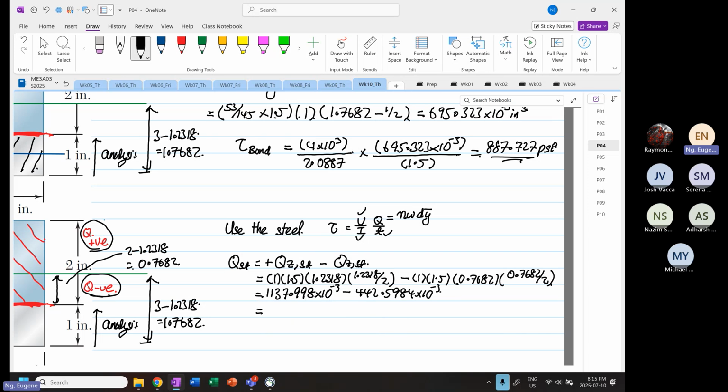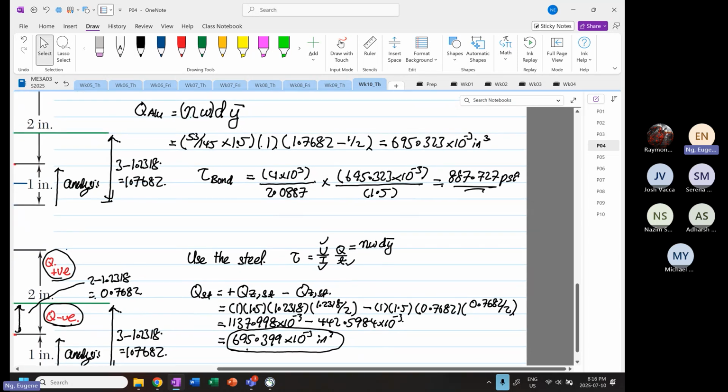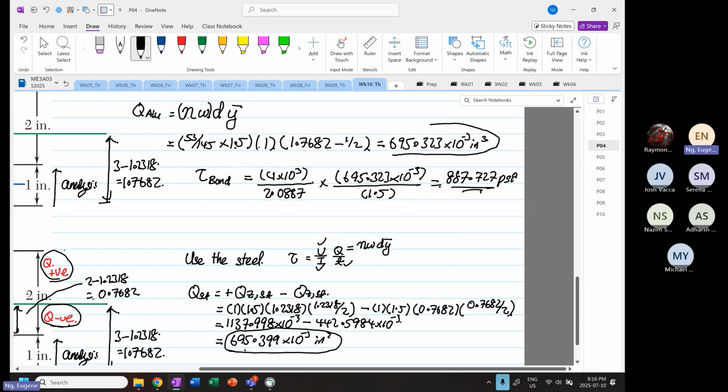So 1137.998 times 10 to the power minus 3 minus 442.5984 times 10 to the power minus 3 is equal to 695.399 times 10 to the power minus 3 inches cubed. So you see that this value over here and this value over here are very similar.